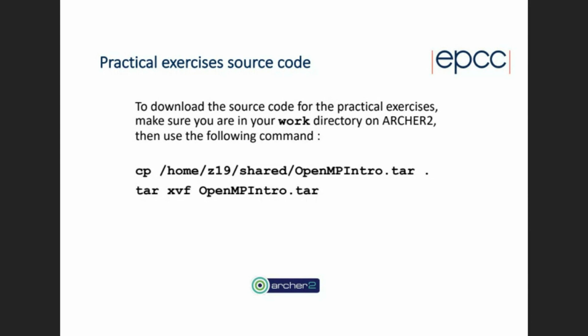Although the source code is available on the website, it's easier to use the copy on the system, so you don't have to transfer the code. There's a tar file in a shared directory which you can just copy and unpack for yourselves. These instructions are also in the exercise notes.